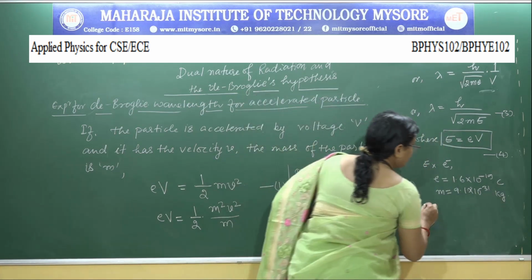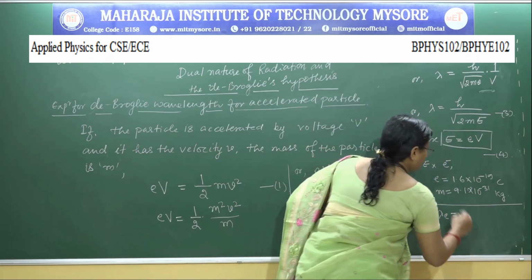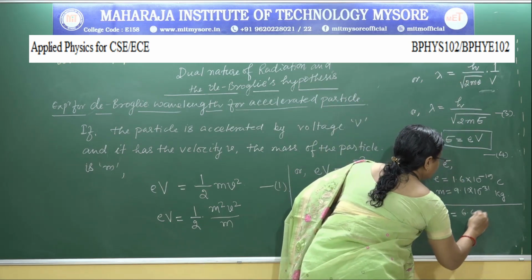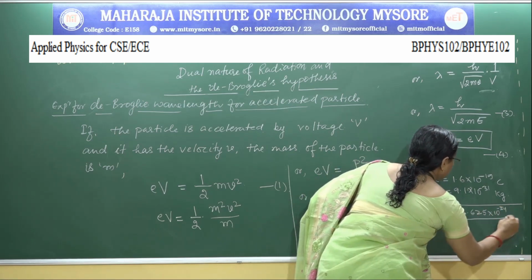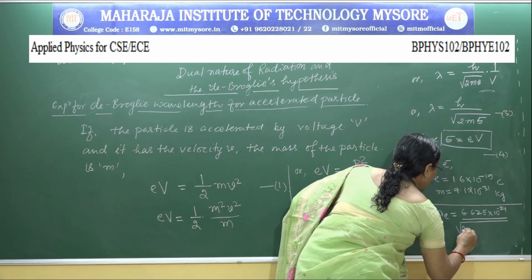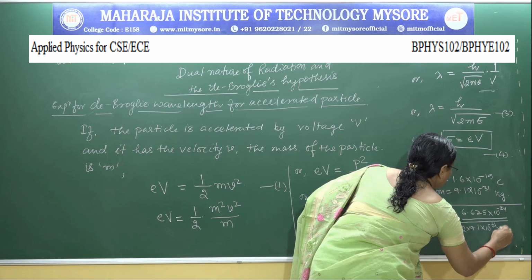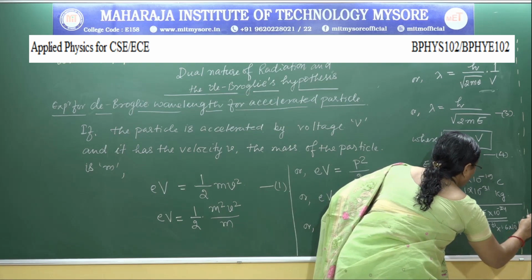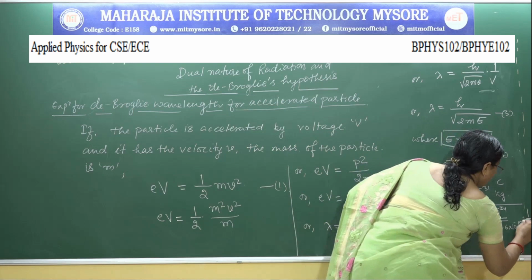So if we solve for the wavelength of the electron, substitute the value of Planck's constant, 6.625 into 10 to the power minus 34 divided by square root of 2 into 9.1 into 10 to the power minus 31 into 1.6 into 10 to the power minus 19, into 1 by square root of V.